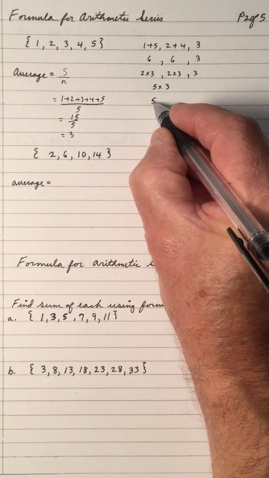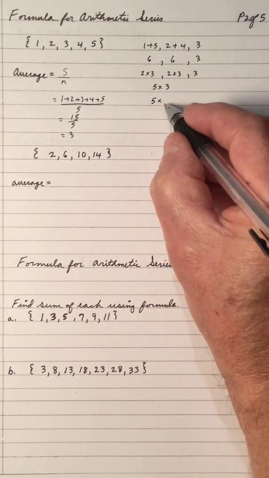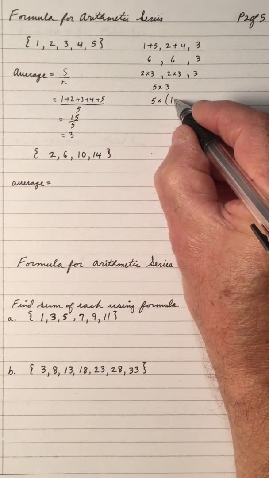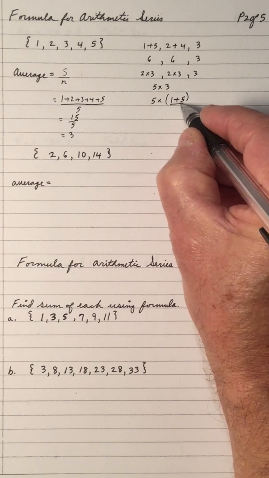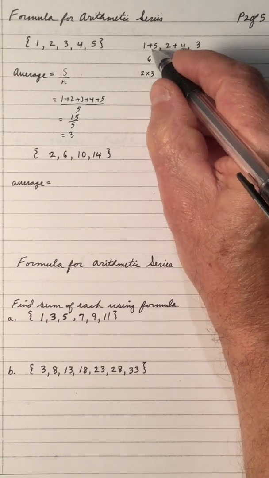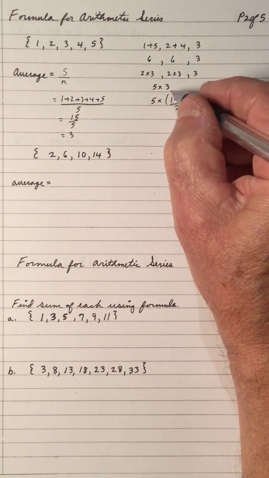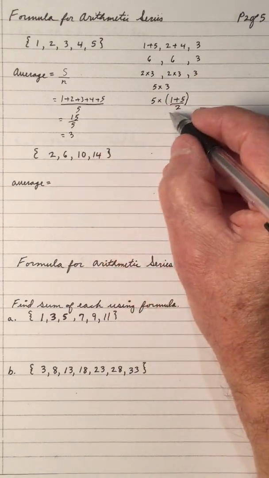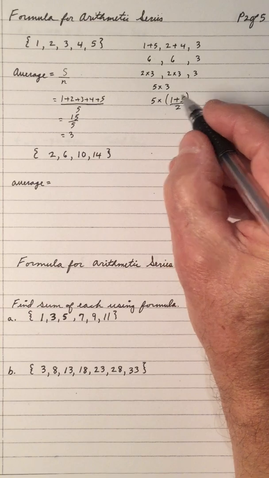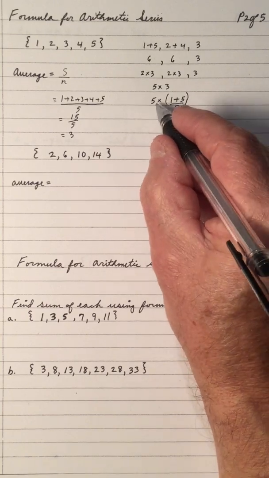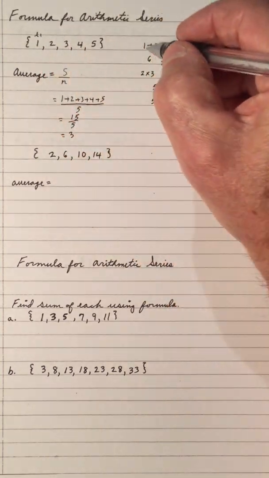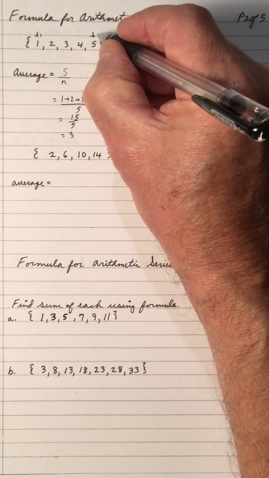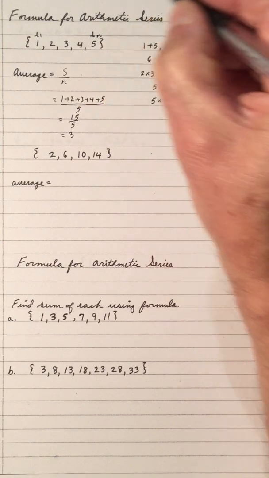So that means we can take the 3 and express it as 1 plus 5 divided by 2, because it's the average. The 3 is the average. Notice that the 1 is the T1 and the 5 is the T5 or the Tn.